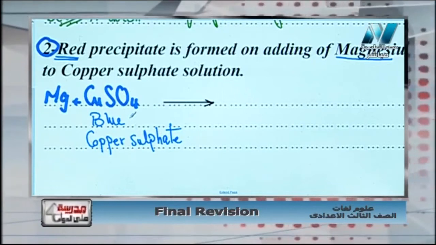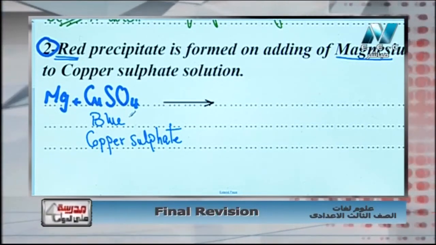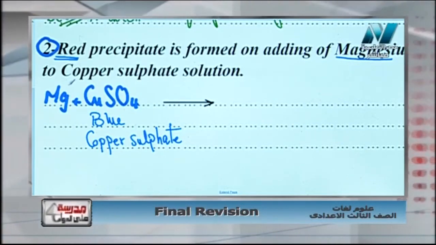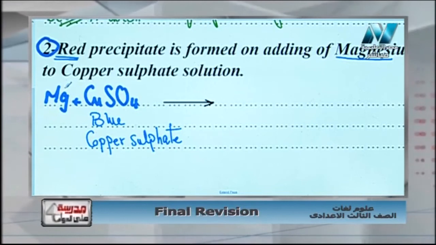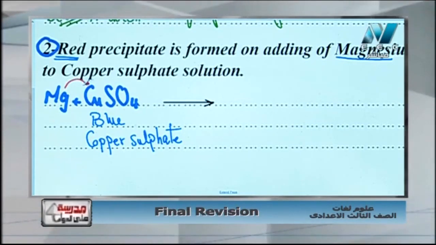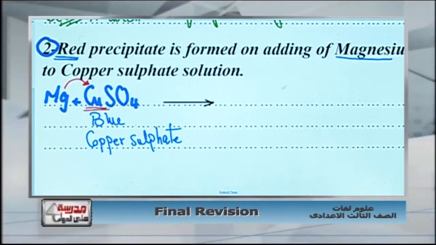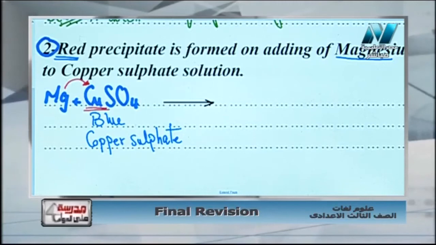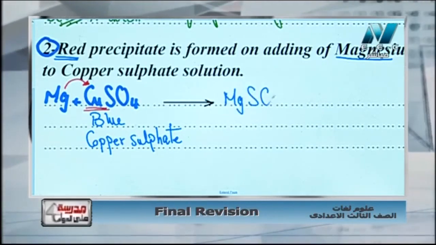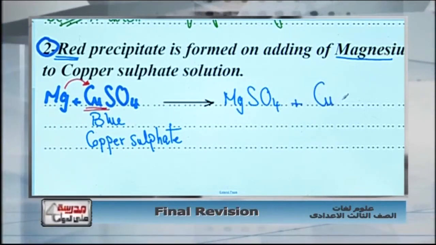If we have to answer give reason or what happens when by using a chemical equation, here we know this reaction represents the simple substitution reaction. So here magnesium is more active than copper and can replace copper in its salt solution. يعني here we have MgSO4 magnesium sulfate plus Cu as copper.